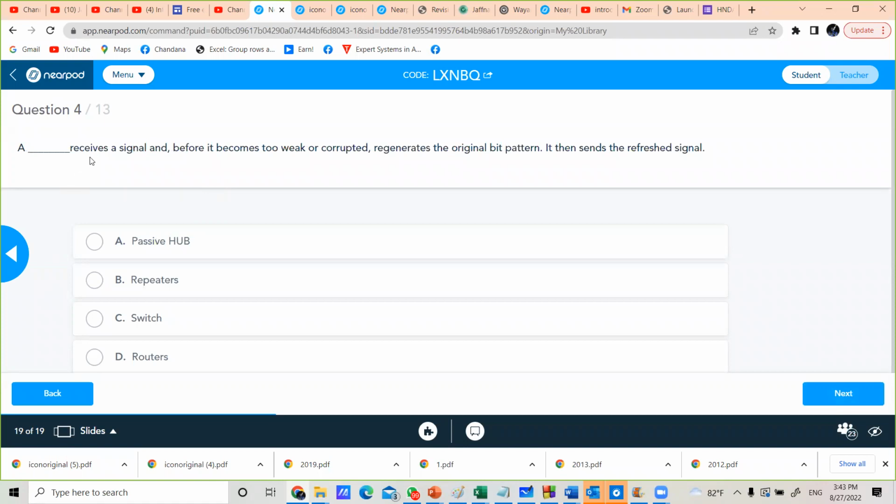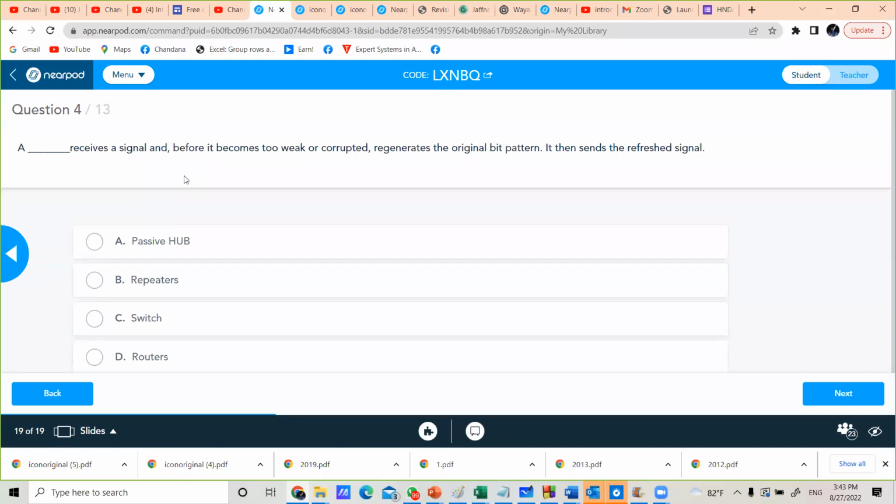This device receives a signal and, before it becomes too weak or corrupted, regenerates the original bit pattern and then sends the refreshed signal. That means it starts very strong, then with time passing and traveling some distance, it starts to weaken. The strength is reducing.